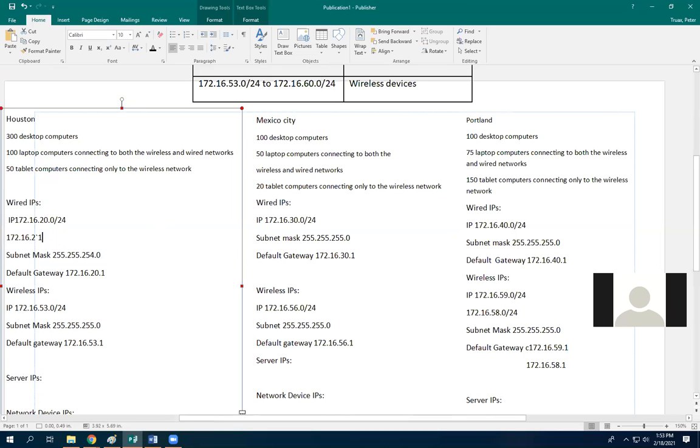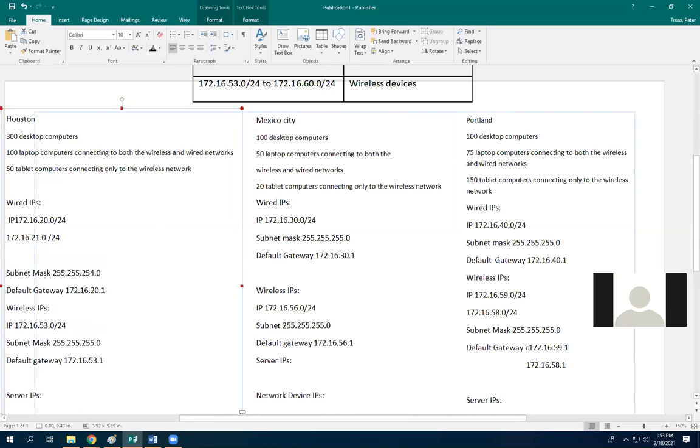Technically, you could do a /23 and put the wired and wireless together if you wanted, but maybe for management or other purposes, you're setting them up separately. So that covers your 3 wired, but then you still have 3 wireless to go as well. So I think this is what he was trying to say he wanted to do, 3 separate subnets rather than trying to combine them all.